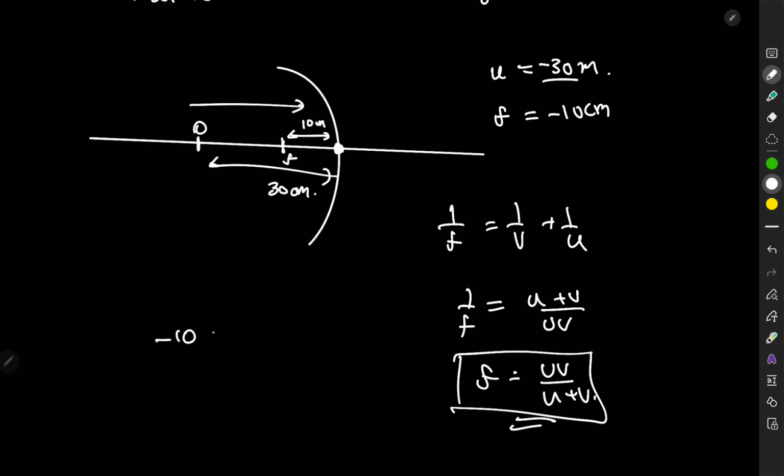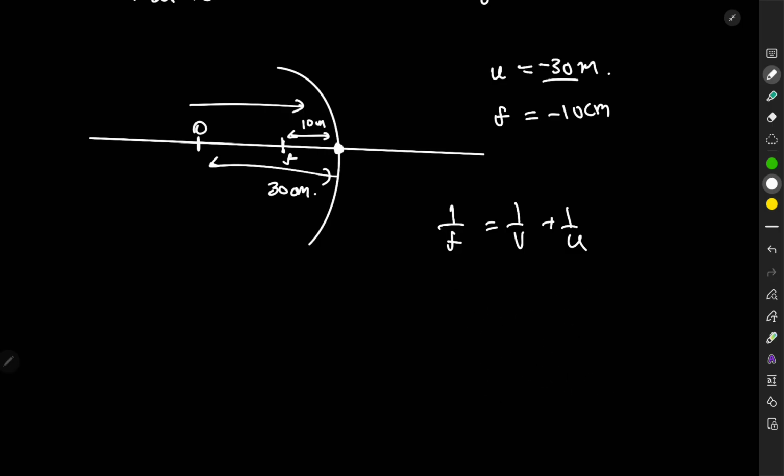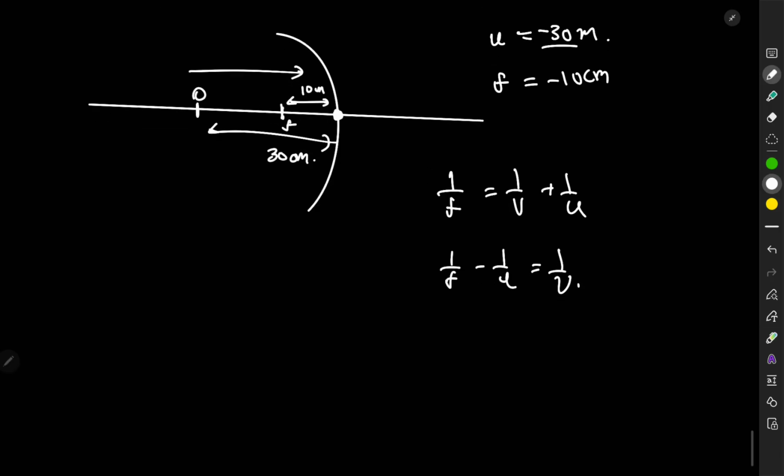Sorry for this extreme confusion. But if we need v, what would I do? 1 by f minus 1 by u is equal to 1 by v, right?